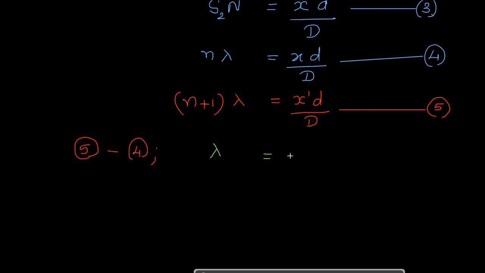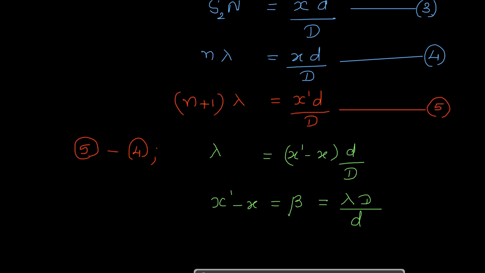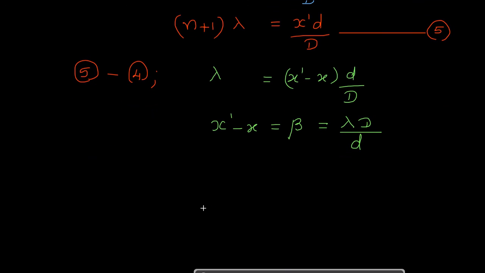That is equal to x dashed minus x into small d by capital D. And what is x dashed minus x? x dashed minus x is the distance between the n plus first bright fringe and the nth bright fringe, which is termed as fringe width beta, which is equal to lambda capital D by small d.